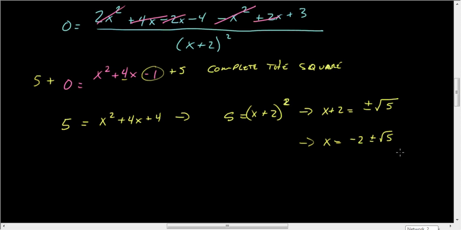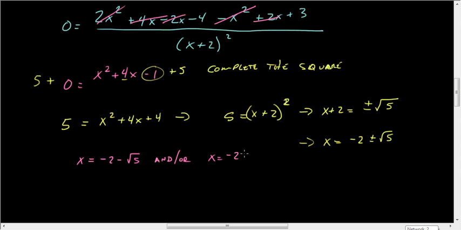Okay, now that we're done playing around with that, we can go back and check it. So we have 2 of them really. We have x is equal to negative 2 minus the square root of 5, and/or, because they could both be okay, x is equal to negative 2 plus the square root of 5.